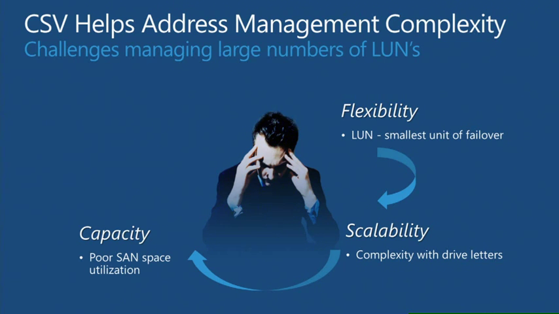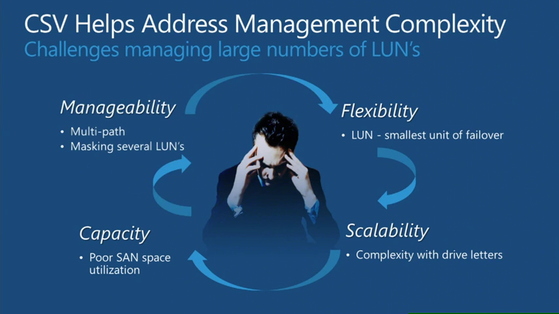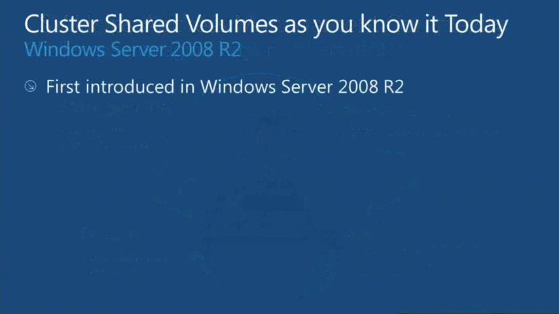You'd run into situations where you had one LUN with gigs of storage, and you were struggling to fit capacity in a LUN. Now with CSV, you're consolidating your LUNs and utilizing them more effectively. And there are the normal issues of managing multiple LUNs, multi-path, and all other issues.